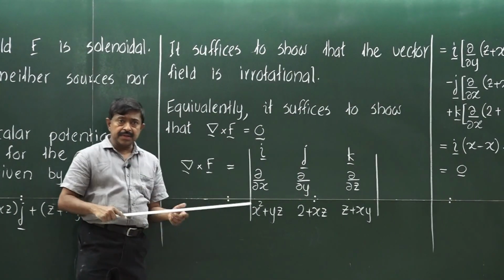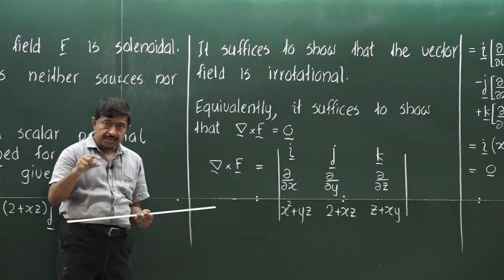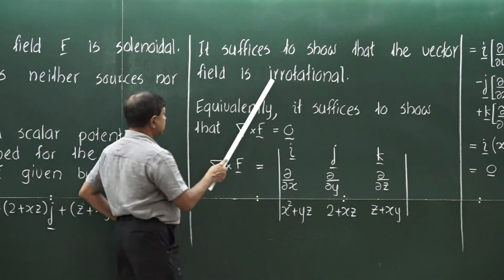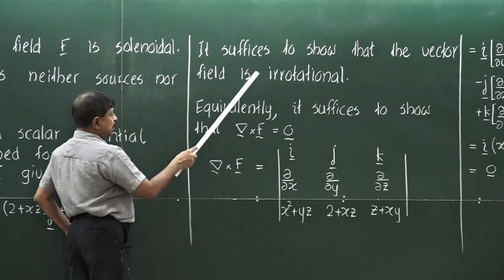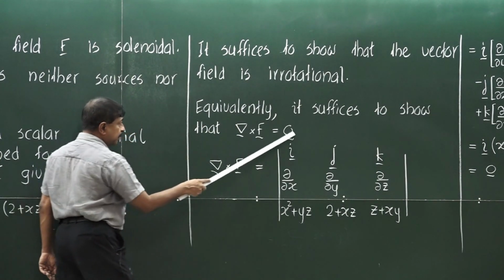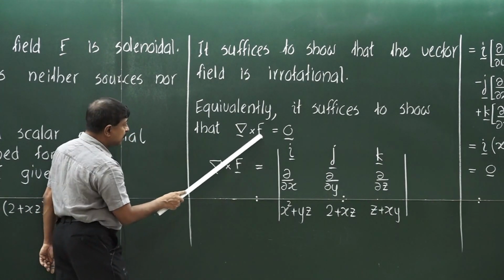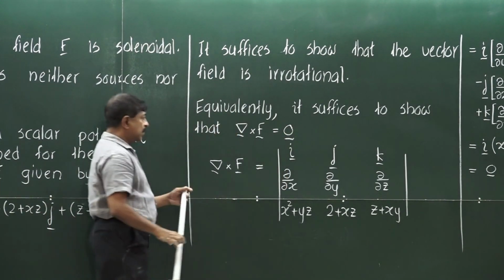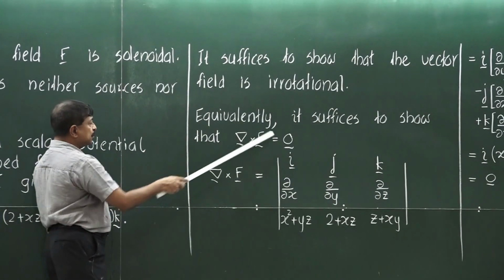A potential function can be defined only if the vector field is irrotational. How can we do that? We need to show that a vector field being irrotational is equivalent to this one. So, we need to show that curl f is equal to the null vector. So, we need to show that this is equal to 0.